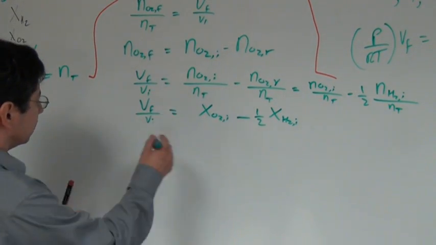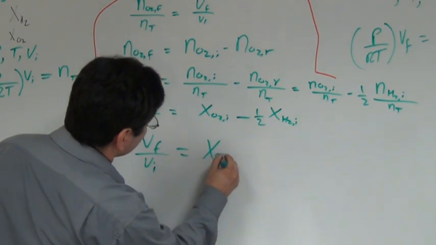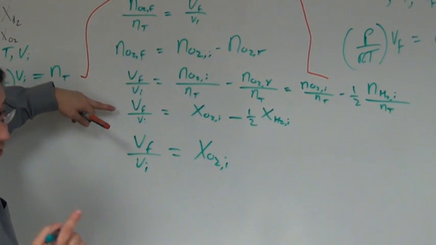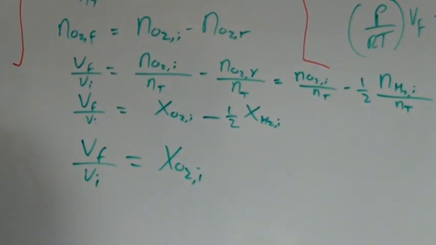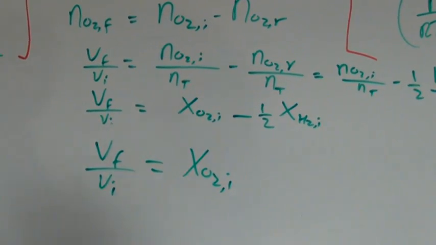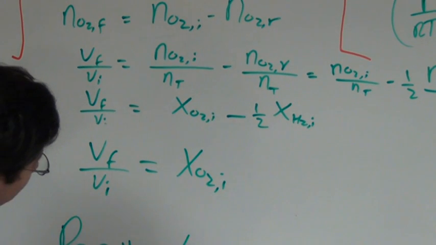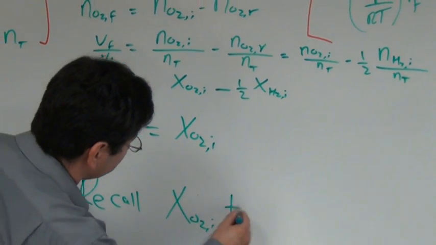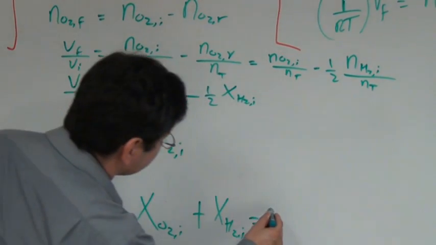Okay, so this is then equal to X_O2I. If I look at this equation, then you see that there is one equation and two unknowns. How do we go about it? Well, recall that the mole fraction of oxygen initial plus the mole fraction of hydrogen initial is just equal to 1.